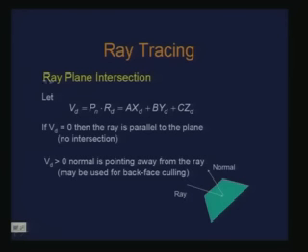So, if I just look at the denominator part defined as Vd, which is the dot product of the normal and the ray direction, I check whether it is 0 or not, and only then do I proceed with the intersection. If it is 0, there is no intersection.